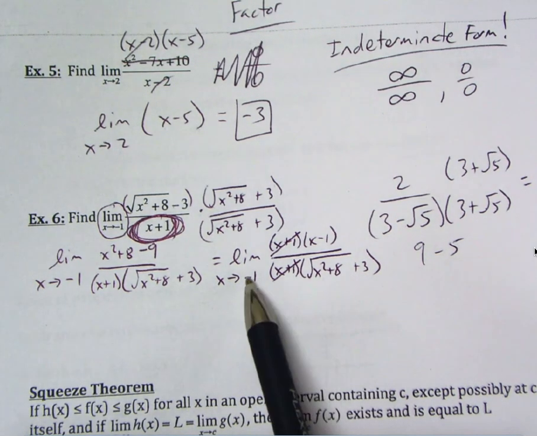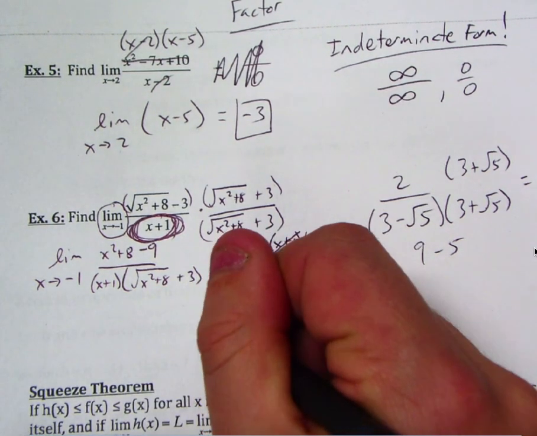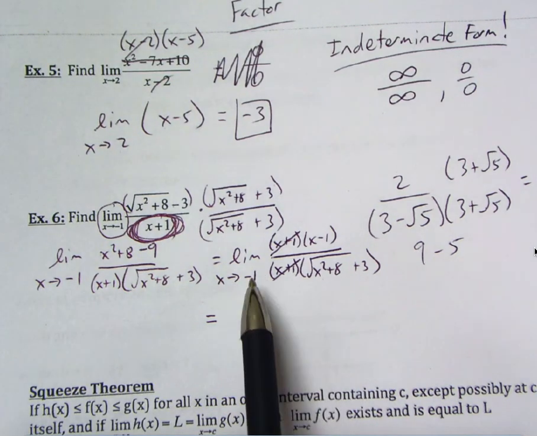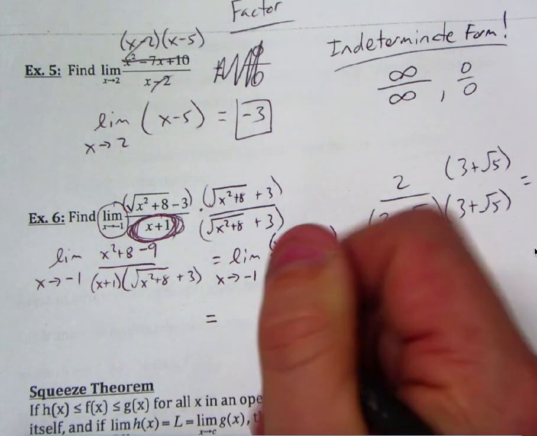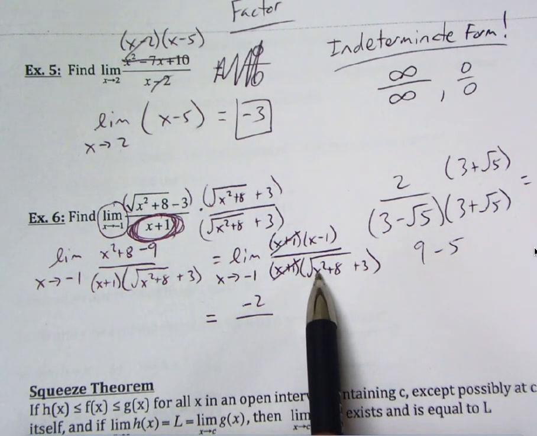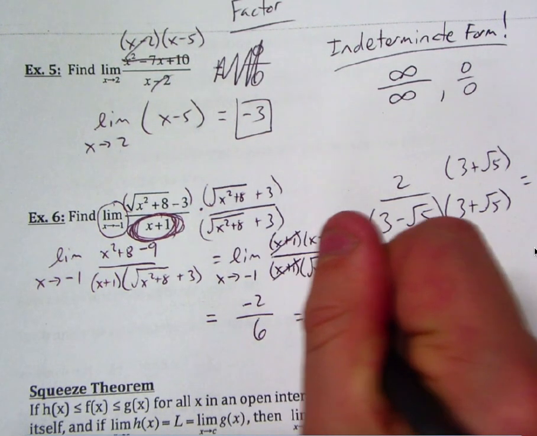So now let's plug -1 in. At this point, when we're using direct substitution, we no longer have to put the limit. We're now applying it. So we're going to have -1 minus 1 on top. And then here we're going to have the square root of 9, so 3 plus 3, which is 6. So -1/3.